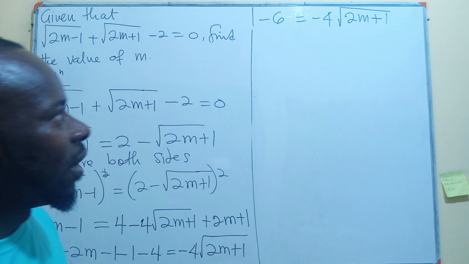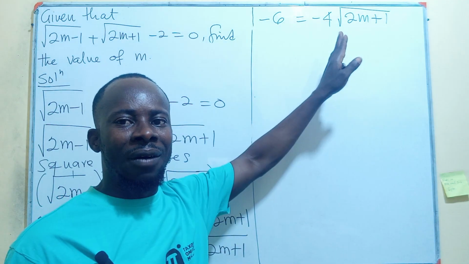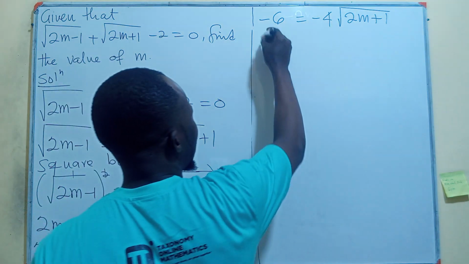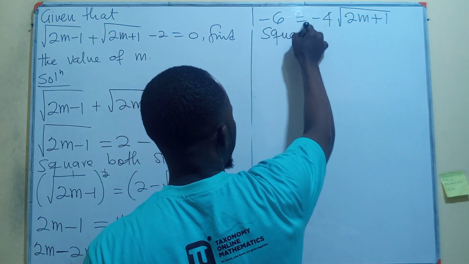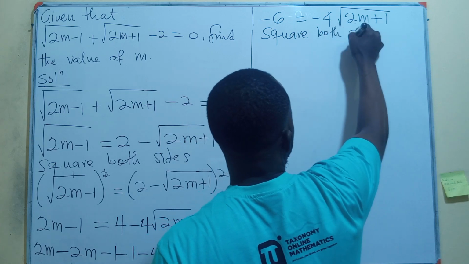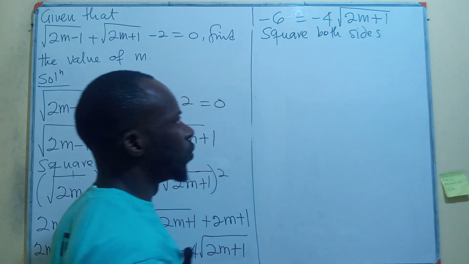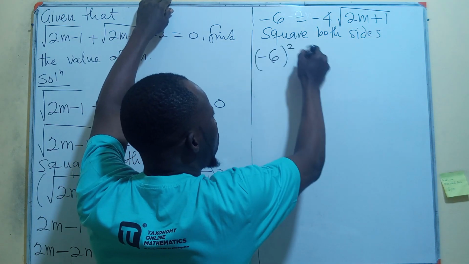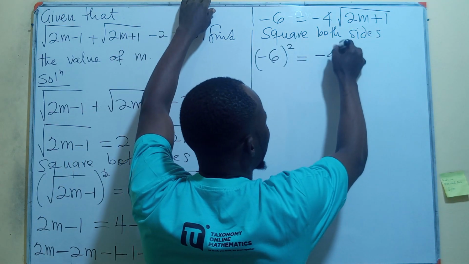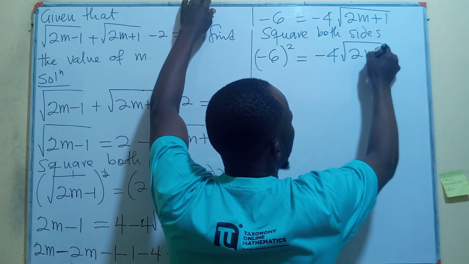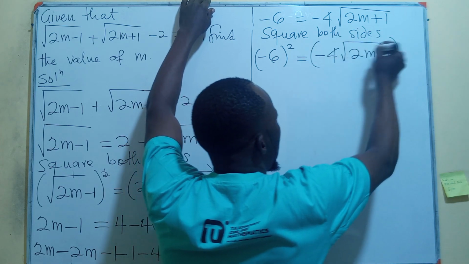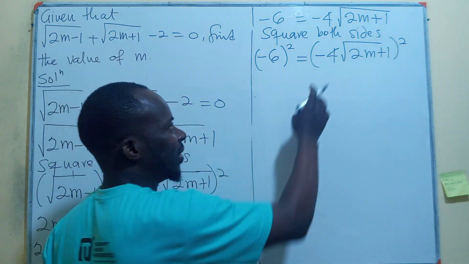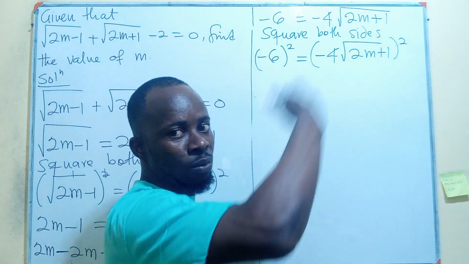We can see that we still have the radical sign, so we still have to square to eliminate it. If you square both sides, it becomes minus 6 all square equals minus 4 the root of 2m plus 1 all square. We are squaring both sides, so we put all in a bracket. This is just a multiplication, minus 4 multiplied by the root.